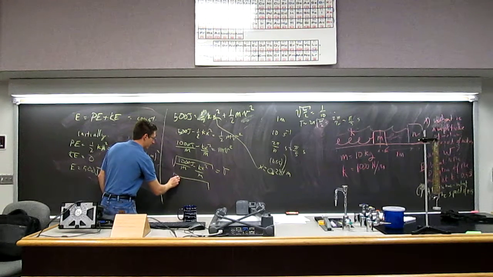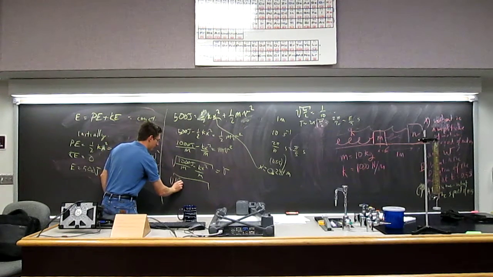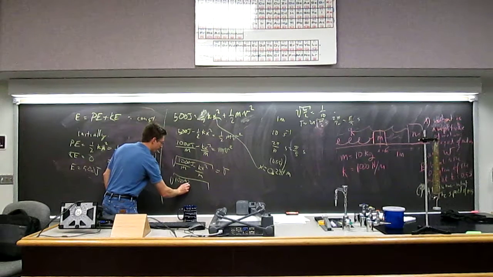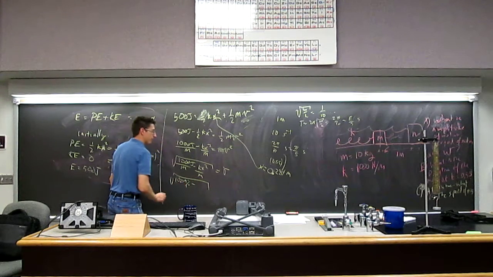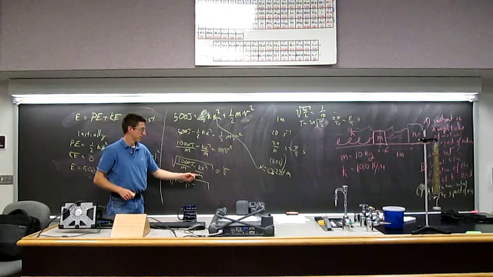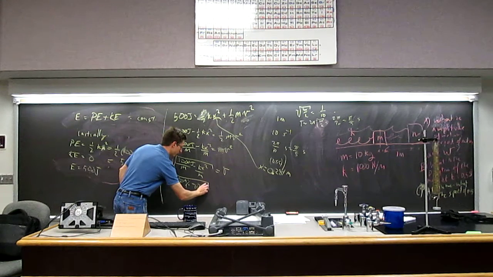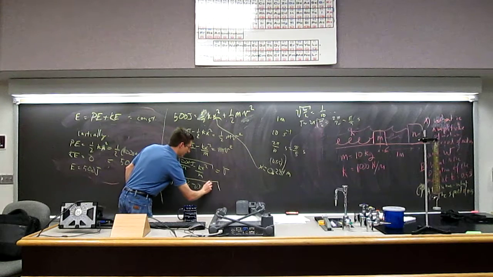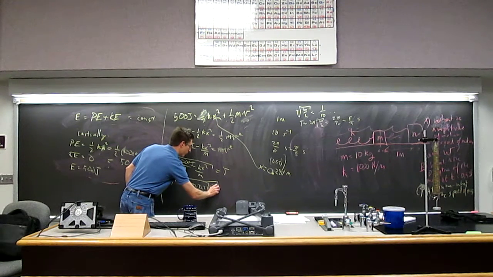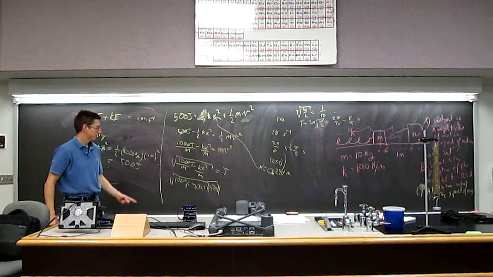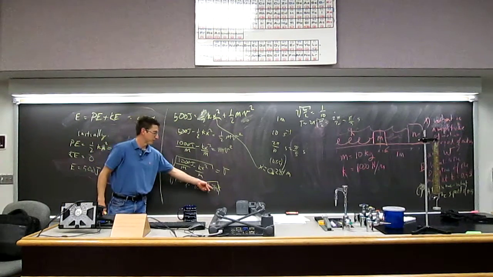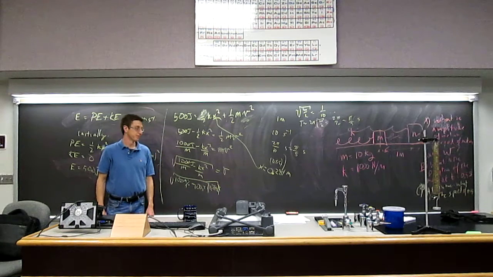So I'd have 100 meters squared per second squared minus 100 seconds to the minus 2 times x squared, which is 0.284 meters squared. So take 100 minus 100 times 0.284 squared.